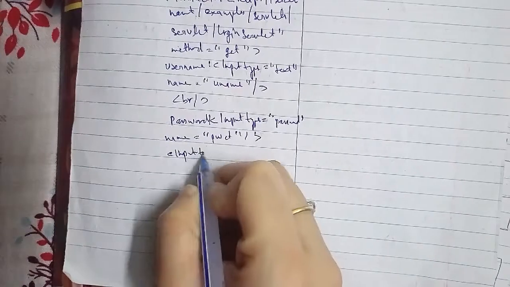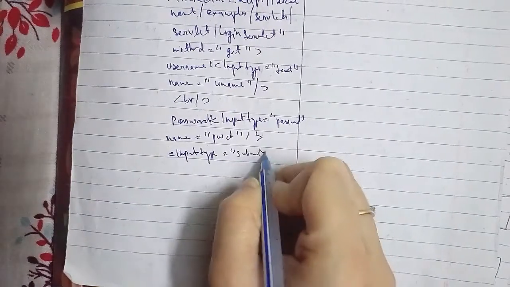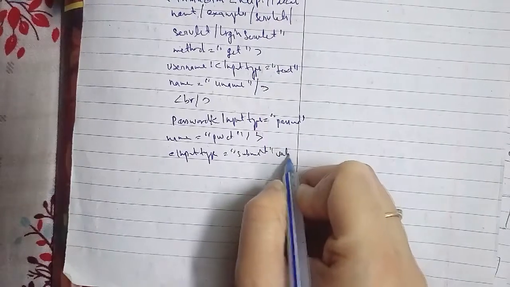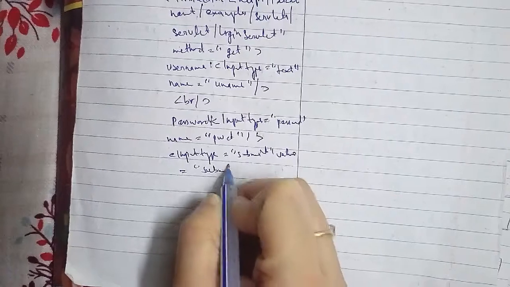Then we will close the form tag, after that the body tag, and after that we will also close the HTML tag. Okay, so now this is the first step.